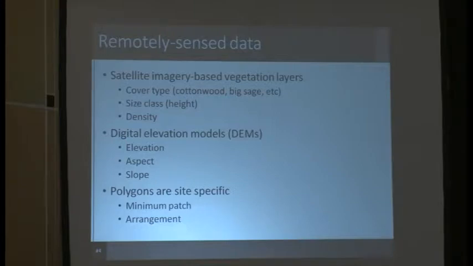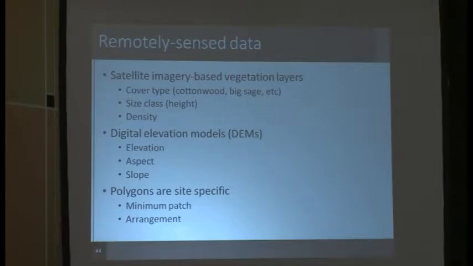Remotely sensed data: we're talking basically about satellite imagery and vegetation layers, which include such things as cover type. Is it cottonwood? Is it grass? Is it sagebrush? Or size class, height, different size classes of, let's say, forest vegetation, if you want to think in those terms, and density.